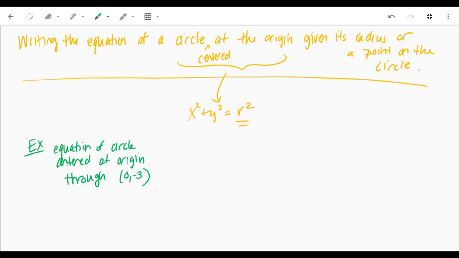Well, if it's centered at the origin and goes through the point 0, -3, that means its radius is 3. So your answer is just x squared plus y squared equals 9. And that's as easy as these are going to be.